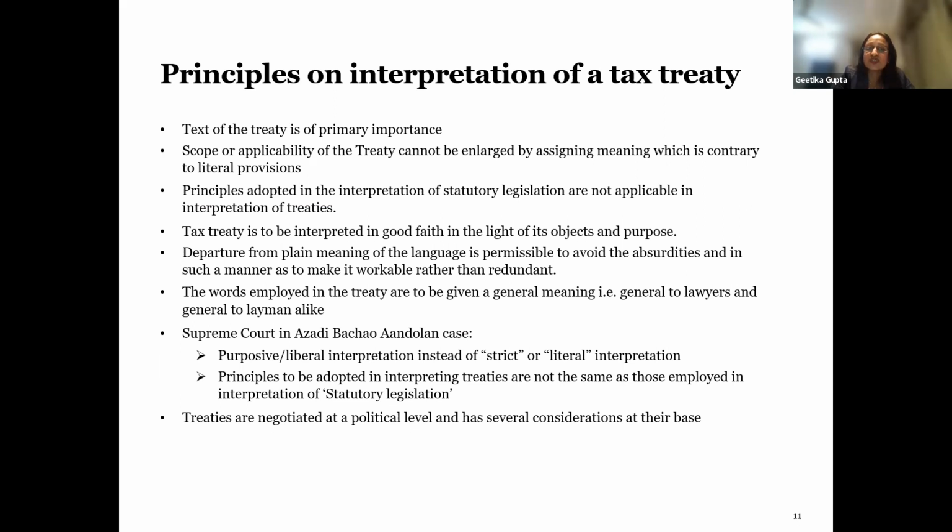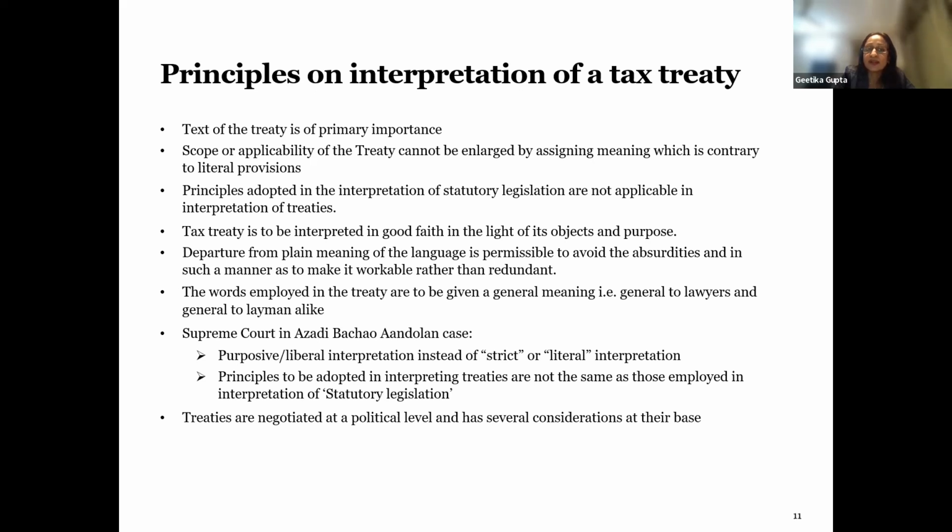And the treaty is to be interpreted in good faith in the light of its object and purpose. Departure from the plain meaning of the language of the treaty is permissible only to avoid absurdities, and in such a manner that it makes it workable rather than redundant.